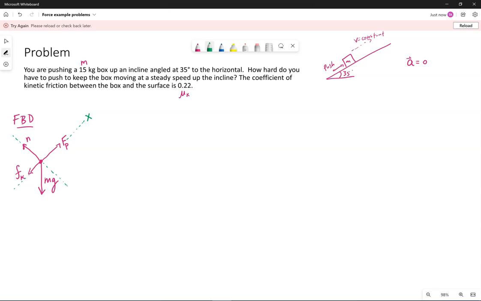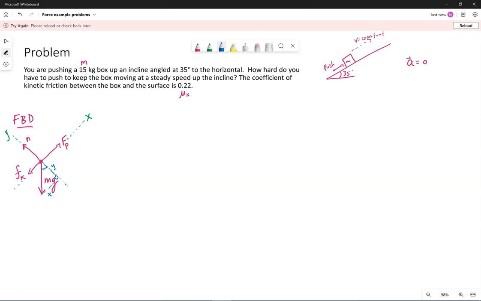We just have to be careful in terms of the signs as we are writing out our force equations. The y-axis will be perpendicular to the incline. By doing this, the force of gravity is the one that's going to have x and y components.